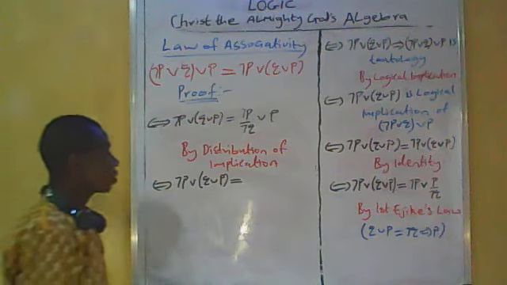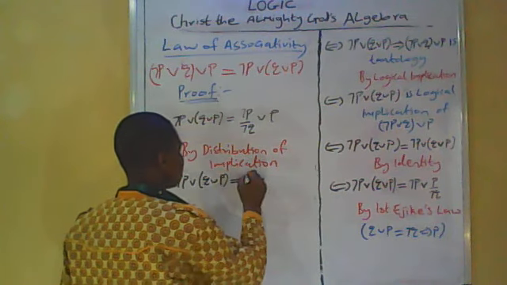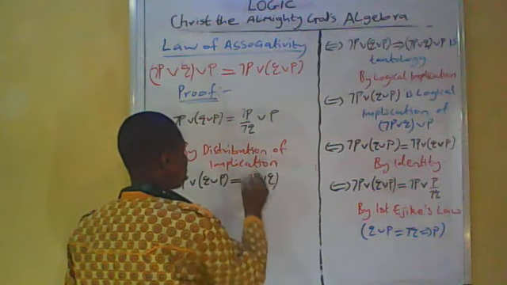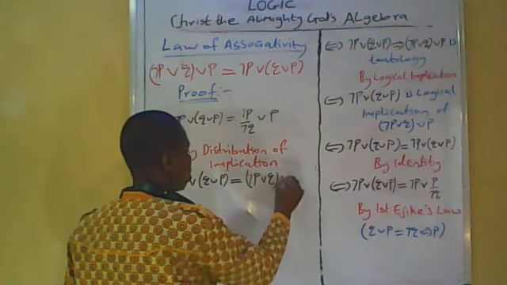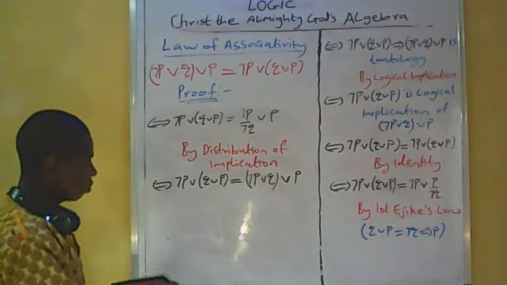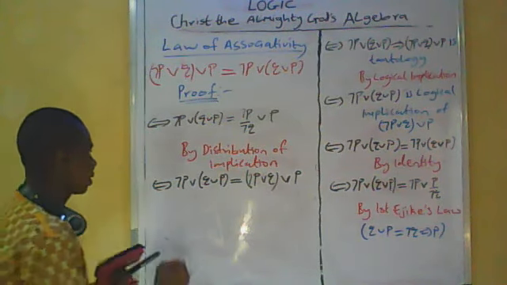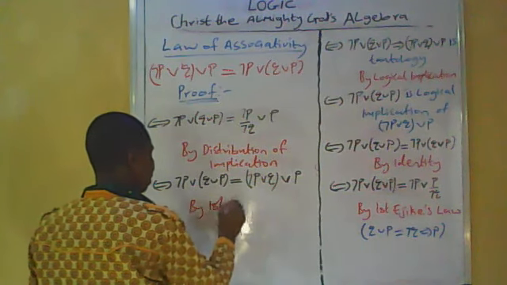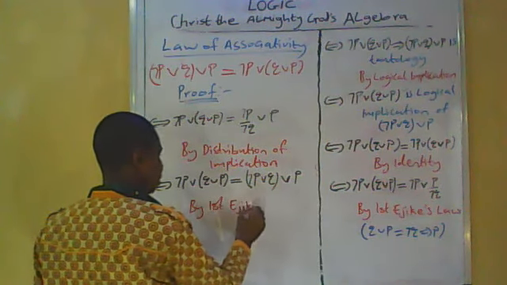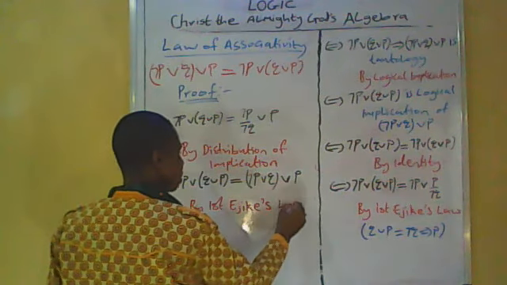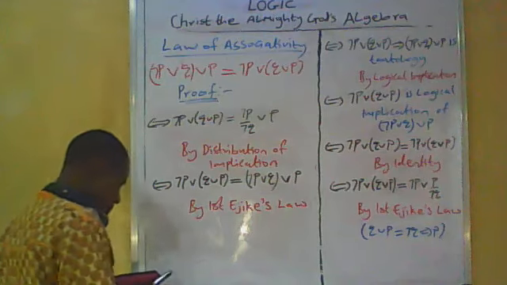So we are going to have (not P or Q) or P, being justified by the first implication law.